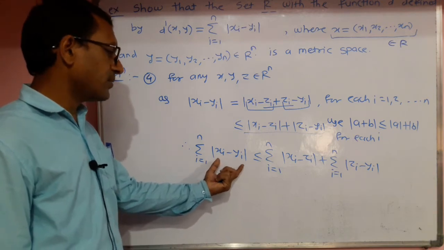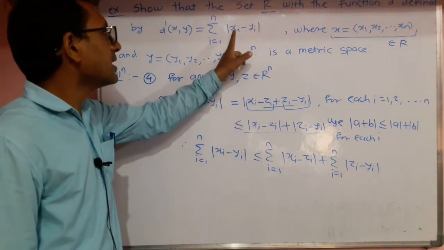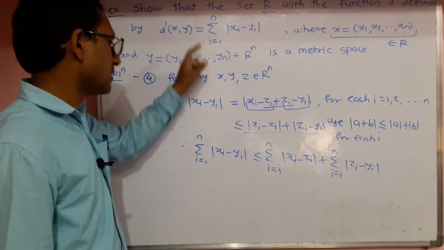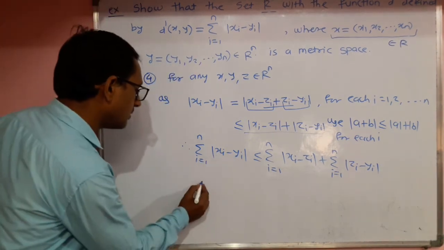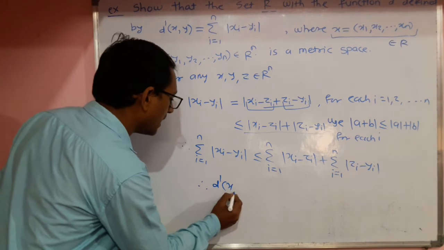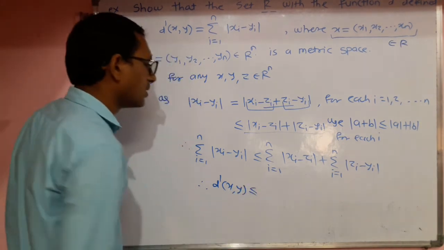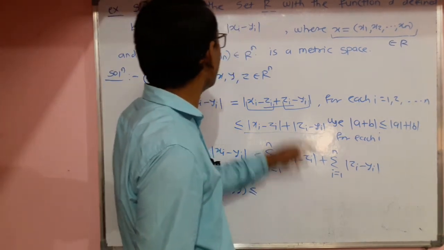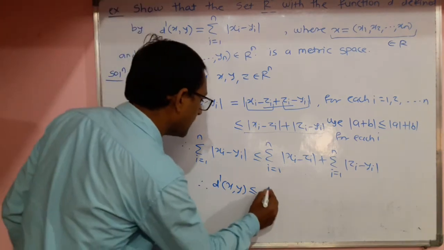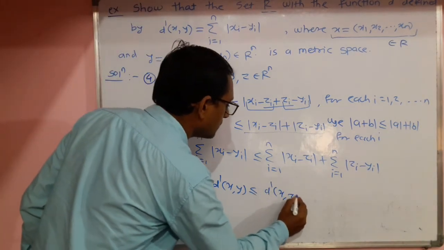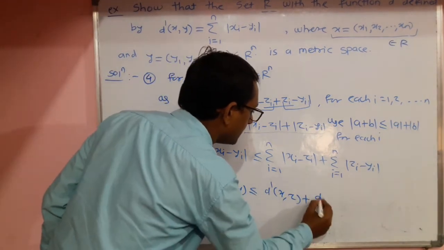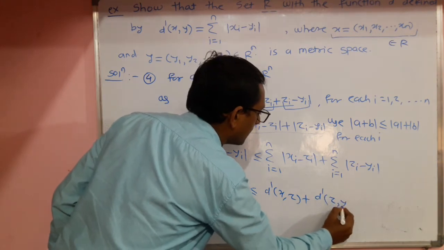By our definition of the function, this summation is nothing but d dash of xy, which is less than or equal to d dash of xz plus d dash of zy.